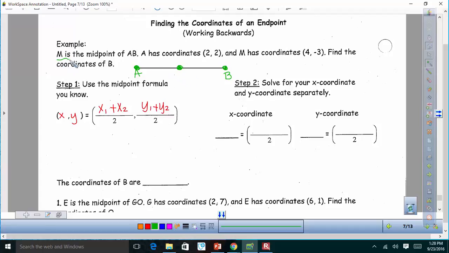Well, right here it says M is the midpoint, so our midpoint would be M. It tells me that A has a coordinate of 2, 2. So this would be 2, 2. And M has a coordinate of 4, negative 3. And so that means this other endpoint would just be x comma y, because we don't really know what it is yet.